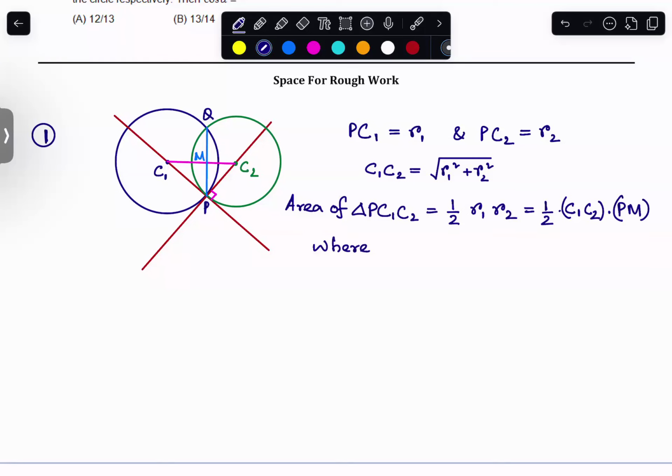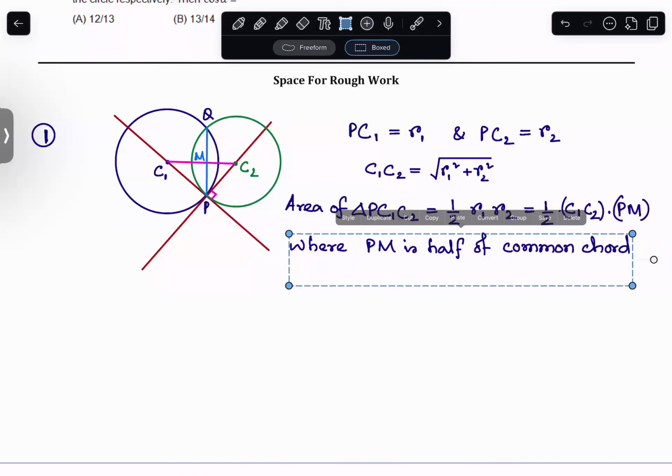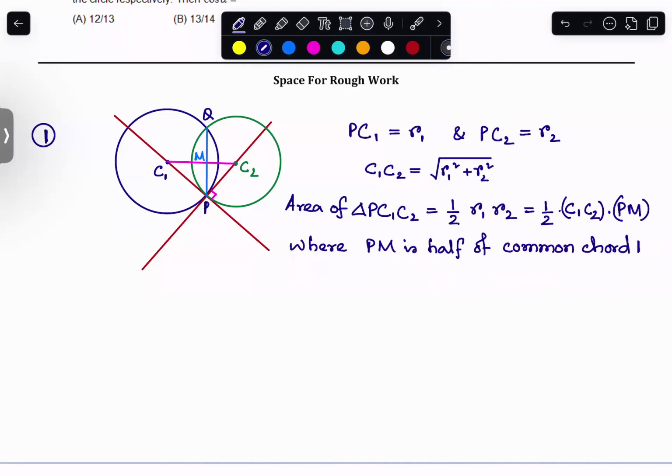Yes, sir. Where PM is half of common chord PQ. Is it okay?